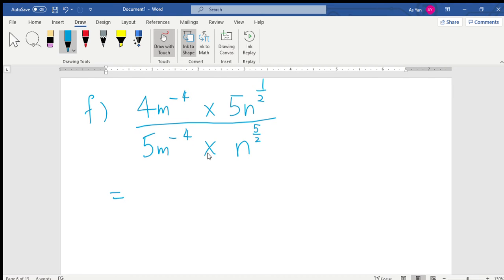Okay, so we have same base 5, and then m, so just simplify. 5 can be simplified, you cut off already.